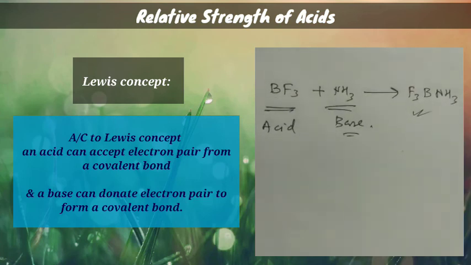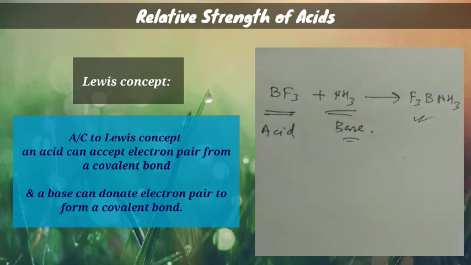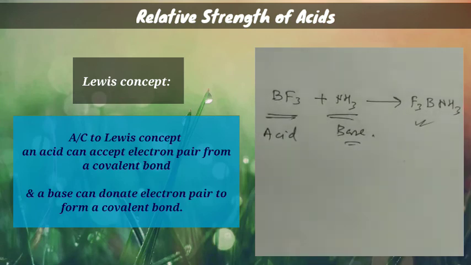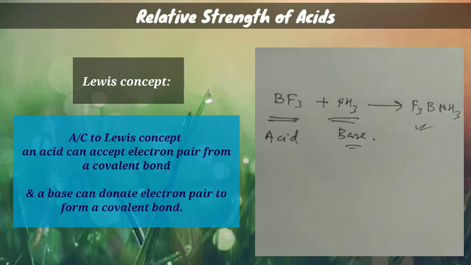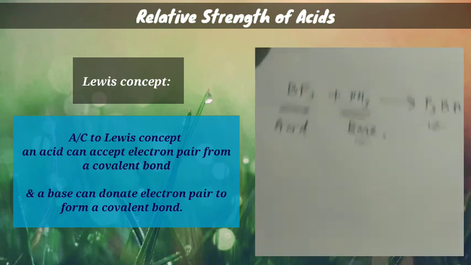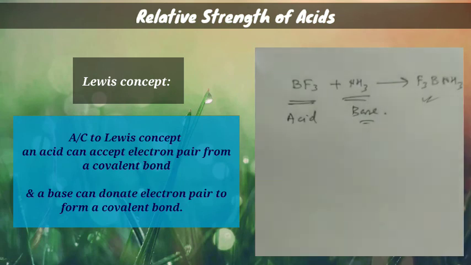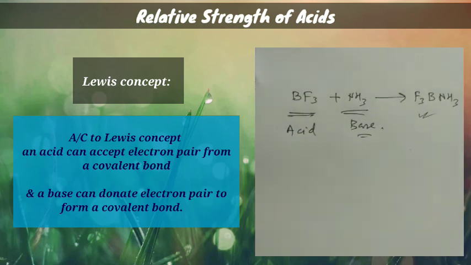Okay, so in the next class we will mainly discuss the degree of ionization and factors affecting the degree of ionization, ionization constant and ionic product of water. First of all, we will discuss the dissociation of weak acids and bases.